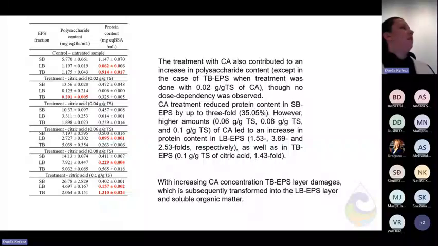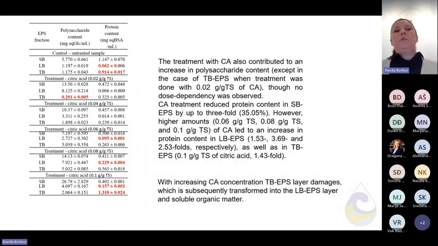So with increasing citric acid concentration, the tightly bound EPS layer is damaged, and transformed to the loosely bound EPS layer and soluble organic matter. So we definitely have degradation using those two acids, but the greater performance is when we use acetic acid.